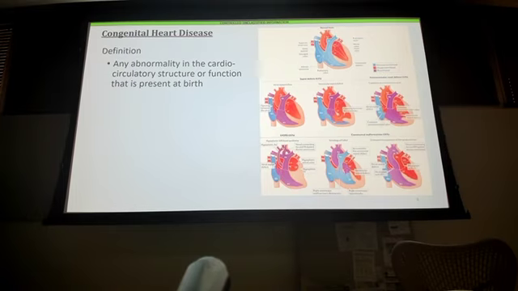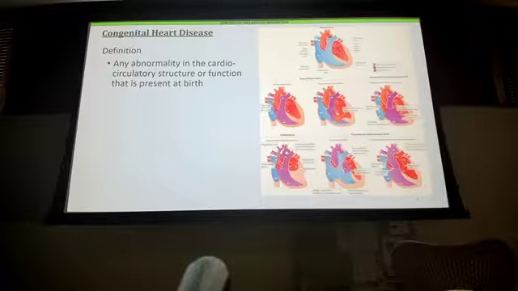So when these bypasses that naturally are there don't go away after the baby is born, or there's an alteration in how the heart is formed, that leads to congenital heart disease. Any deviation from the normal arrangement, the normal flow of blood, is considered congenital heart disease.